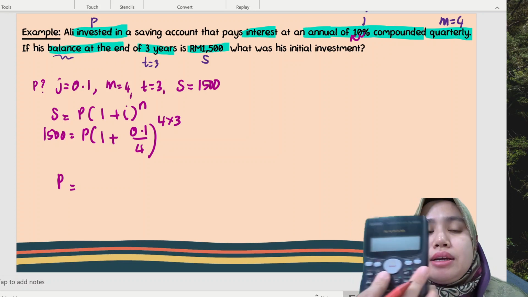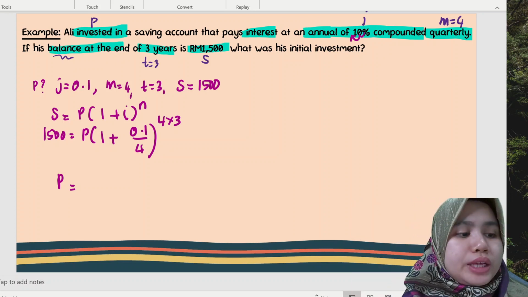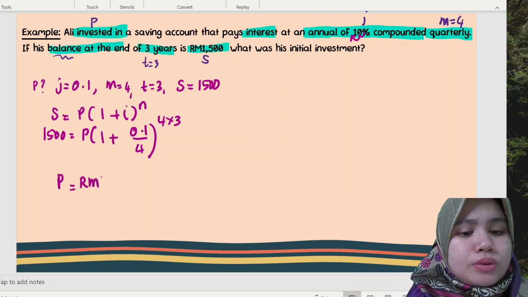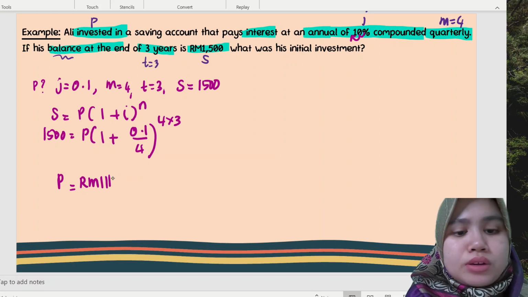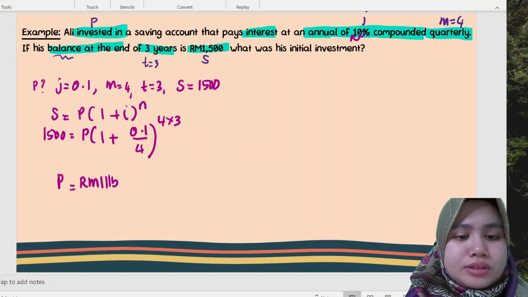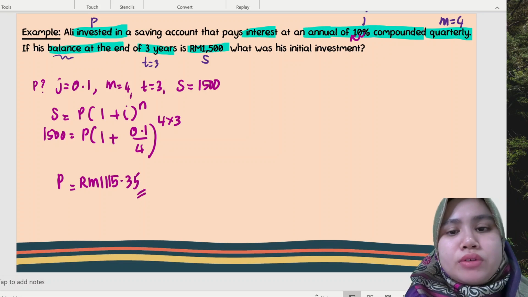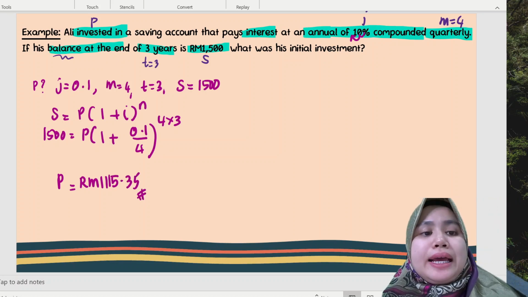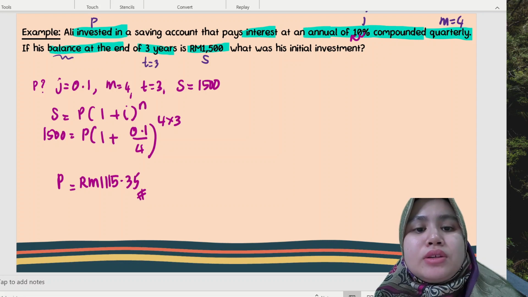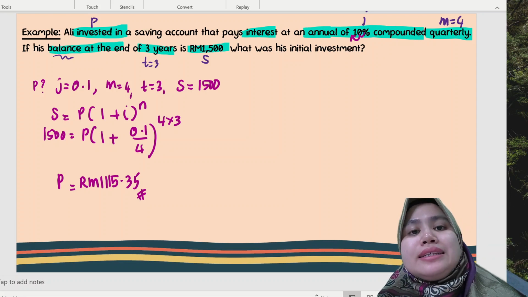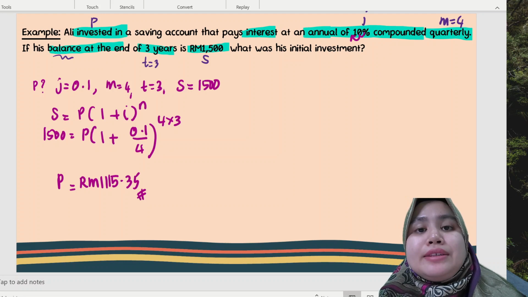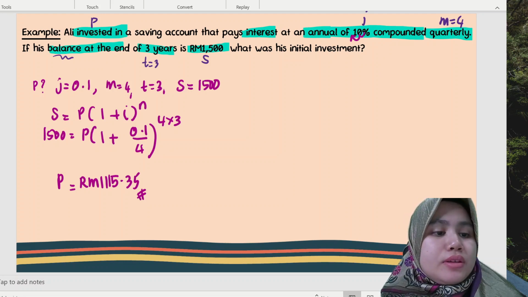Put the values, guys. You will get RM 1,115.35. That is the value that Ali invests, so that at the end he gets 1,500. Okay, next one.